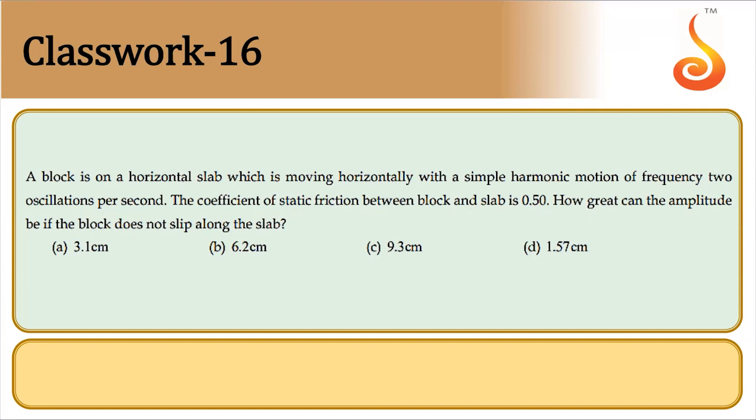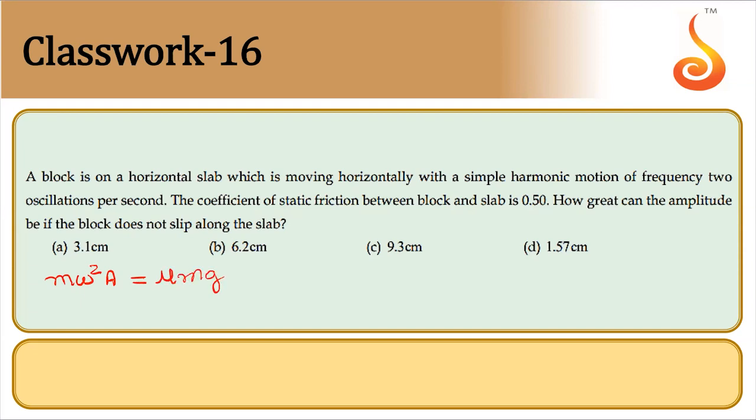So the slab is oscillating horizontally. The block kept should not slip, friction should prevent it. So for just prevention, the force due to oscillation is m omega square a. Omega square into a is the maximum acceleration. So the maximum force should balance mu mg.